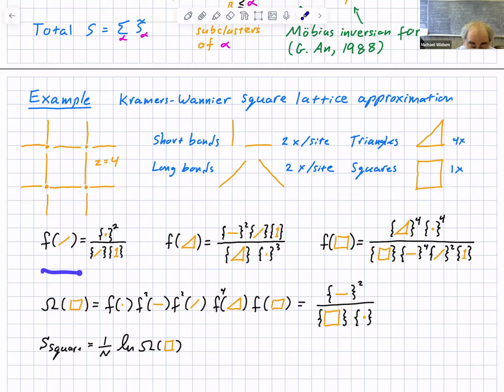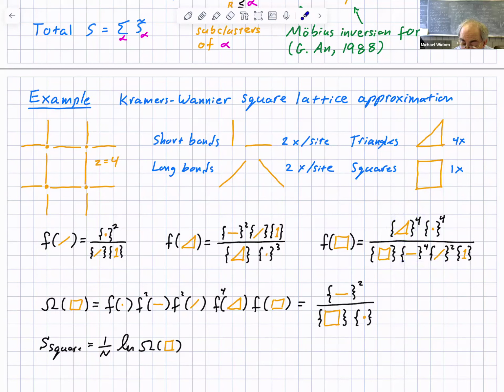So here I write down the factors for the long bond and the triangle, and here is the factor for the square. Let's think about it. The square comes in the denominator because the object itself is always in the denominator. We have to remove the 4 triangles, but we also have to, after we remove the triangles, add back in the short bonds and long bonds.